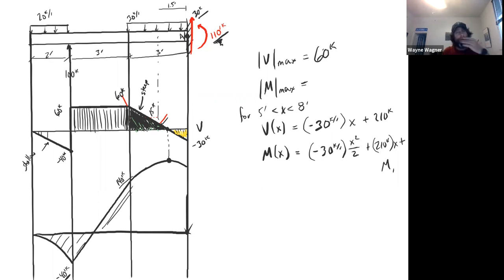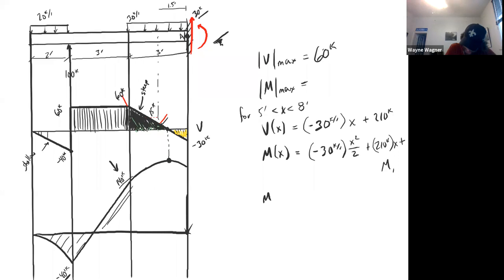Now, this one's a little bit unfortunate because we have to pick a spot where we know the moment. The easiest spot is right here, this 140. We can't pick that 110 because that 110 is no longer correct. We're gonna pick that 140, and that's at X equals 5.